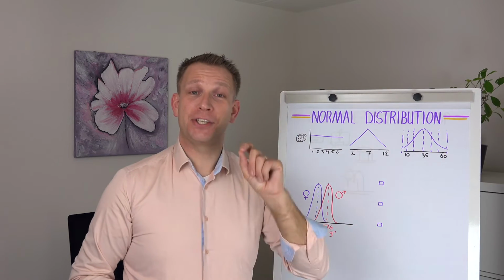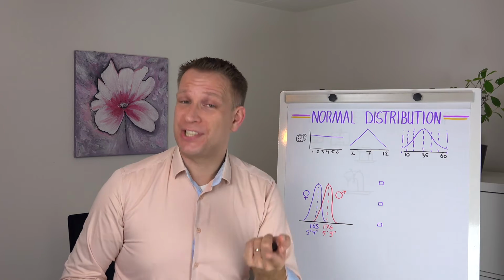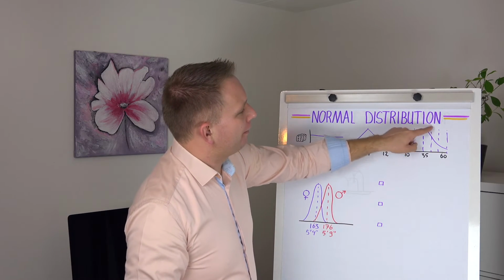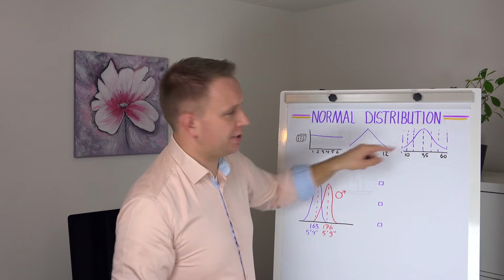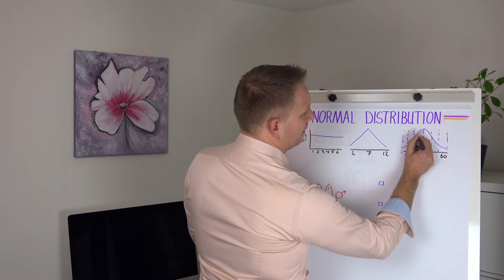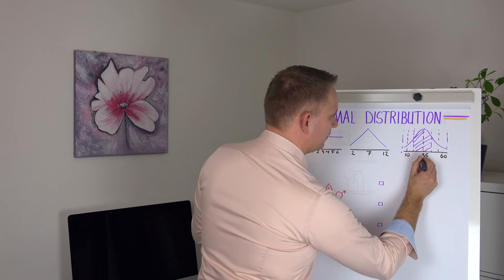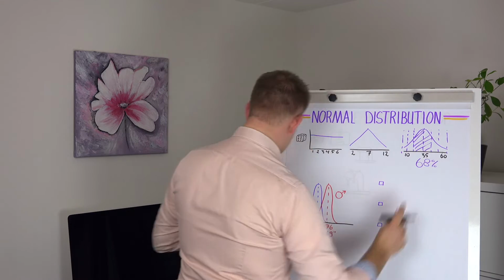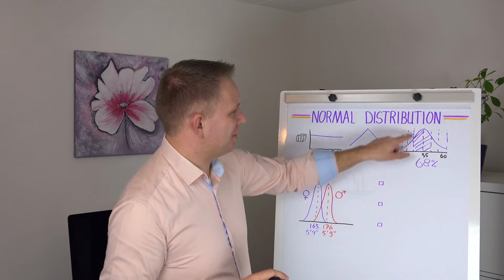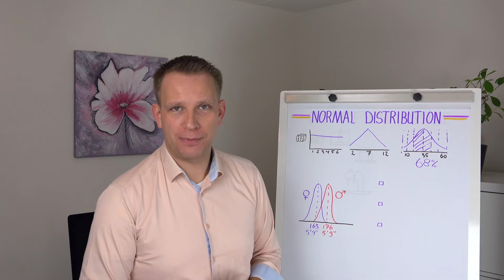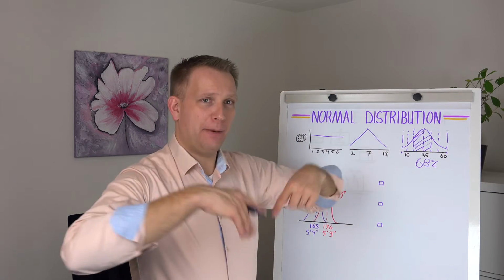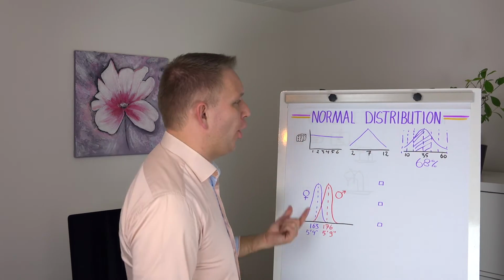So what they then show is that you have a mean, and if you make equal lines left and right, and here is the standard deviation, or sigma, between the plus and minus 1 sigma, so this area here, we have 68% of all of the values. And that percentage increases the further we go out.